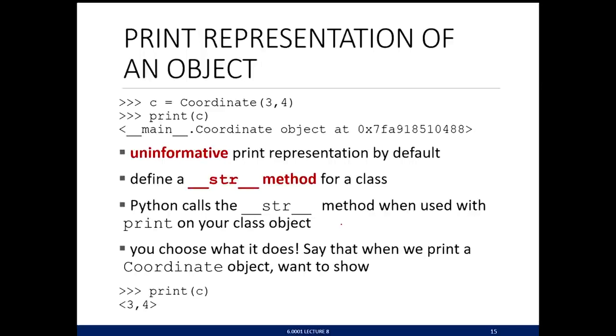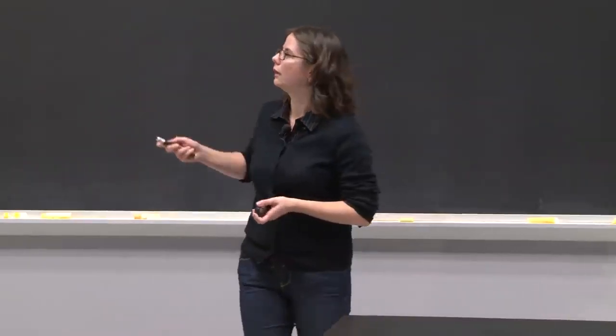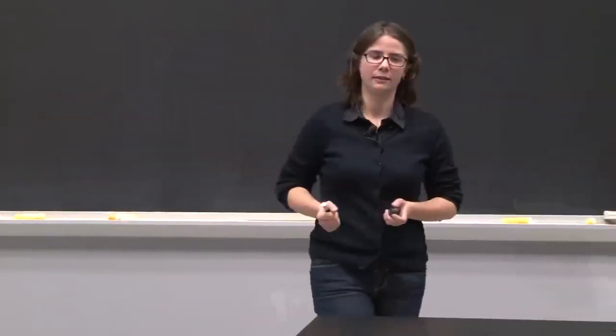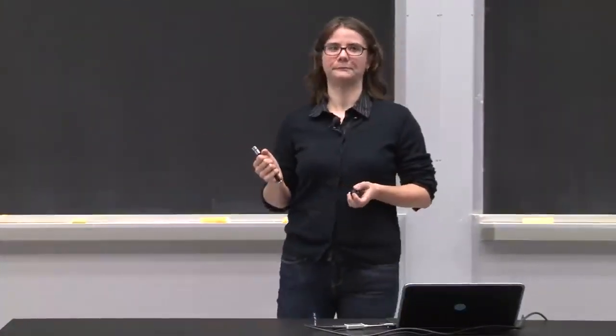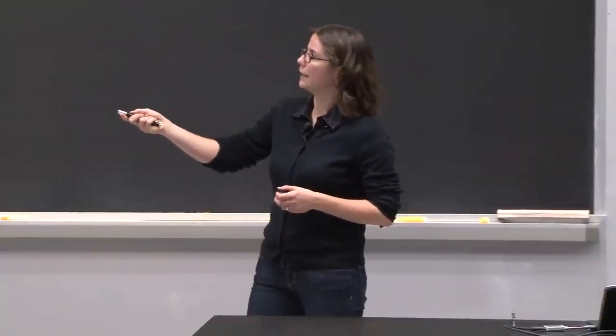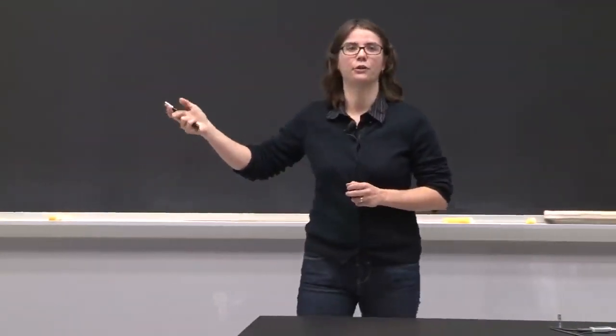So by default, when you create your own type and print an object of that type, Python tells you this sort of information, which is not what you want. So what you need to do is define your own method that tells Python what to do when you call print on an object of this type. This is going to be a special method, just like init is, because it starts and ends with double underscores. The name of the method is __str__.